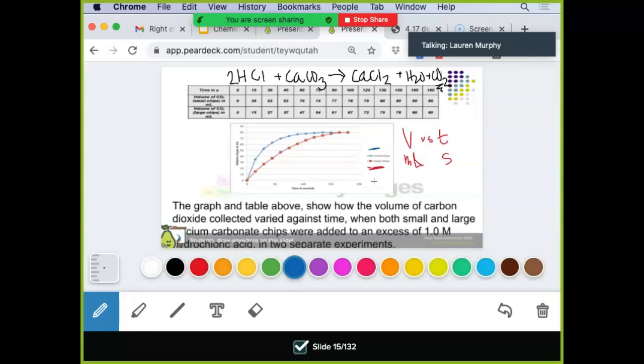So if I had 50 grams of the big chips, to start off with, I dumped 50 grams of calcium carbonate of the big chips into the HCl. How much do you think of the small chips I used? What kind of mass do you think? The same. Likely 50 grams. Same amount, same starting masses. Why did you think that?